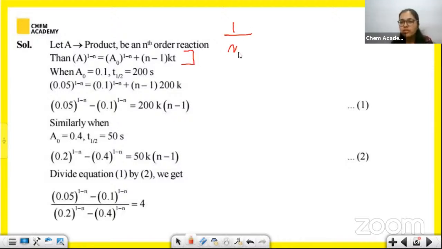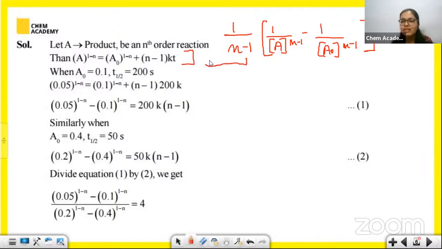1 upon n minus 1 into 1 upon concentration of A raised to the power n minus 1, minus 1 upon A naught raised to the power n minus 1, equals kt. On rearranging this equation, we will get this.